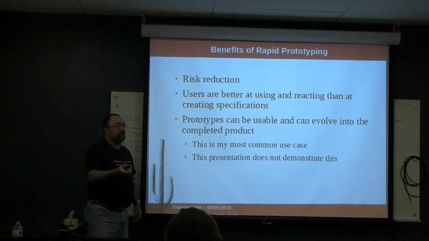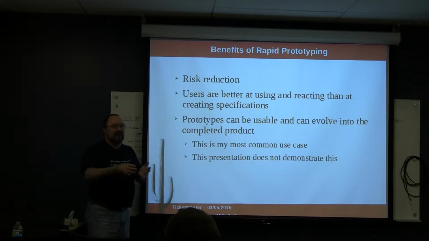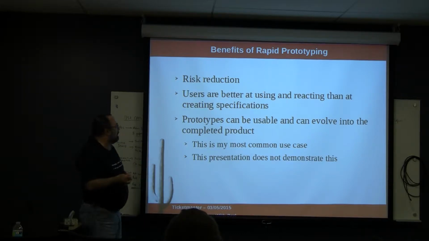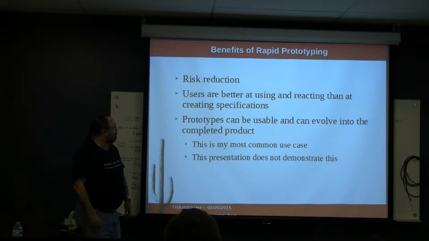Whereas if you just go to them and ask them, hey, what do you need? You may get some useful information, may get misinformation, you may get asked for a whole bunch of features they don't actually need. A lot of things can happen there. But when they've actually got something to look at and react to, it's more interactive that way.